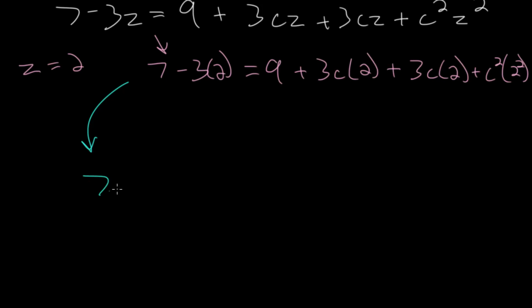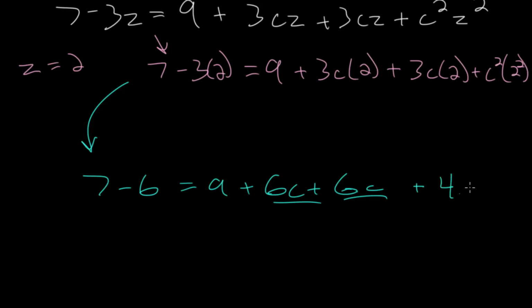And we get 7 minus 6 is equal to 9 plus 6c plus 6c, which we can combine since they're like terms. And we have 4 times c squared. So 7 minus 6, that's just 1. We get 9 plus 12c plus 4c squared. And let's subtract 1.